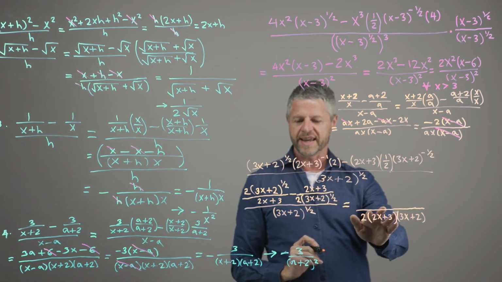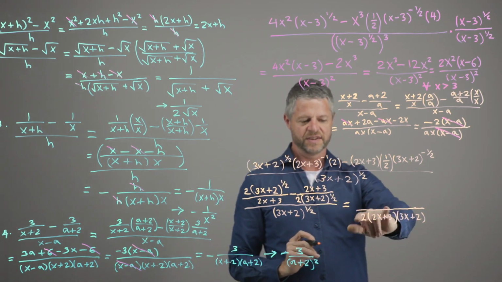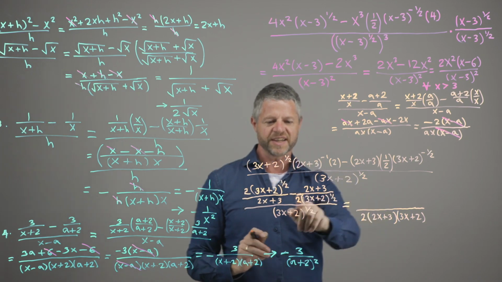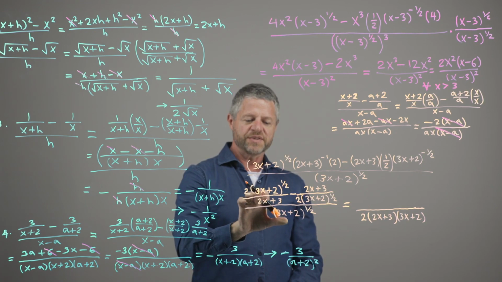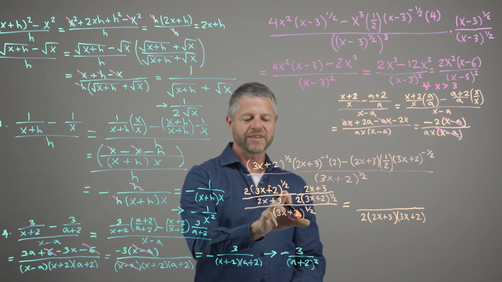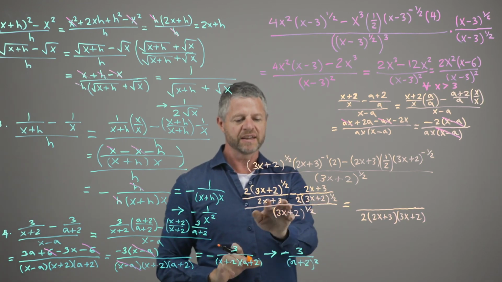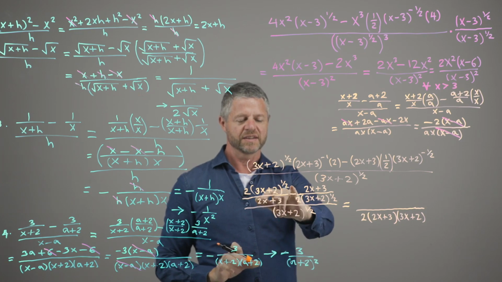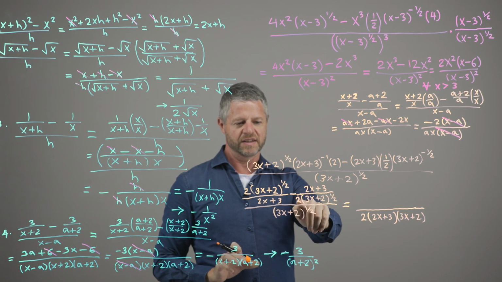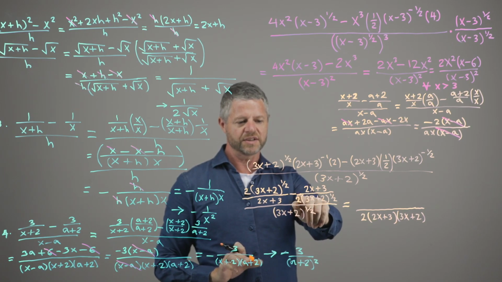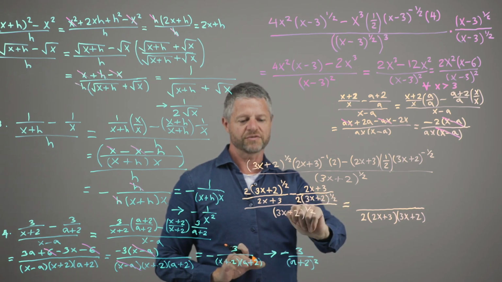And next, in the numerator now, I've got my 2 times (3x + 2)^(1/2), and I have to multiply that by, let's see, another 2 and a (3x + 2)^(1/2).